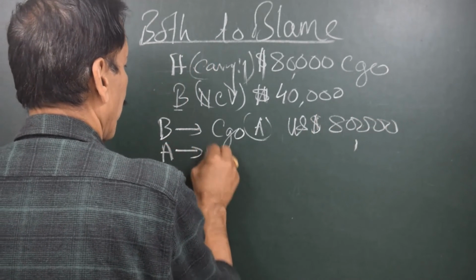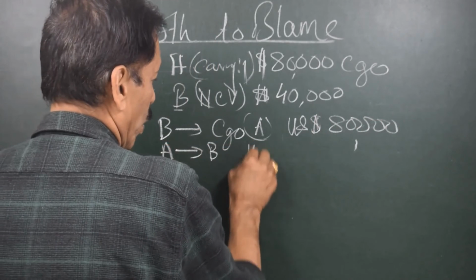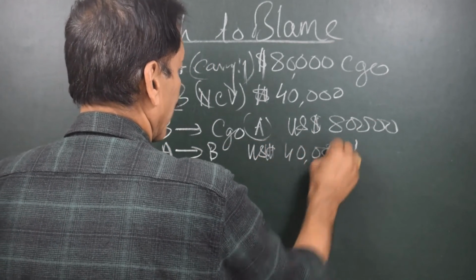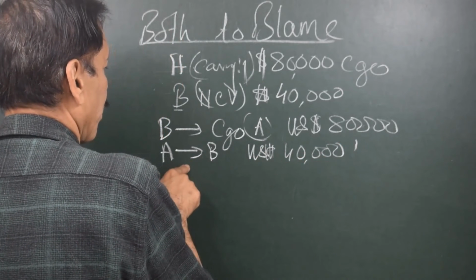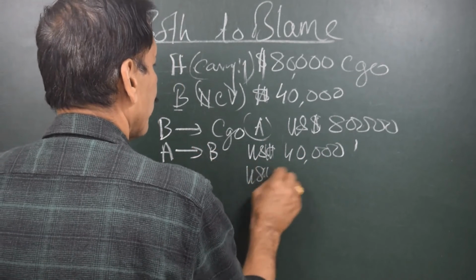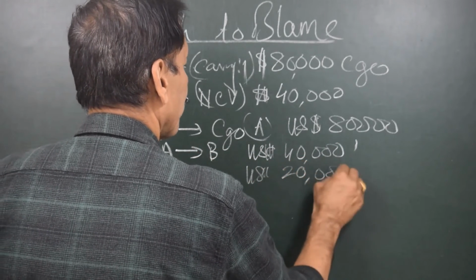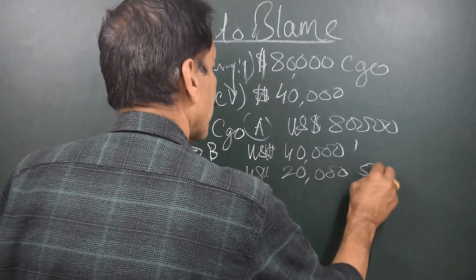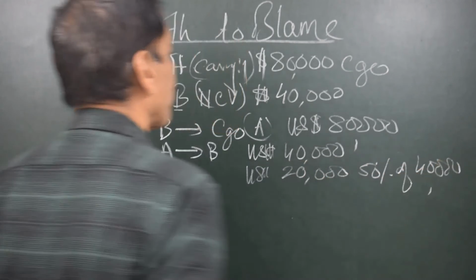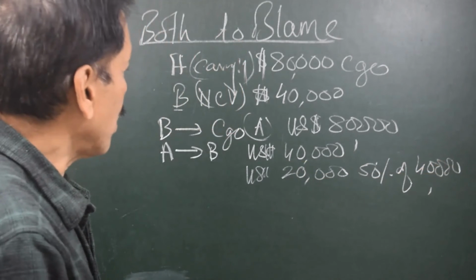A will pay B US dollar 40,000. In addition to this, A will also pay B US dollar 20,000 as 50% of 40,000. So this is the situation.